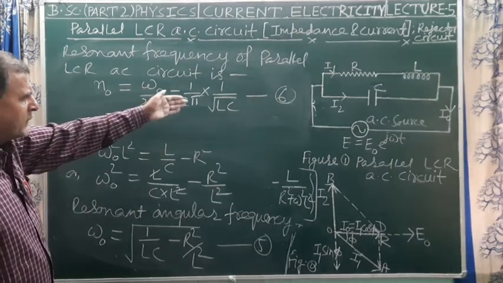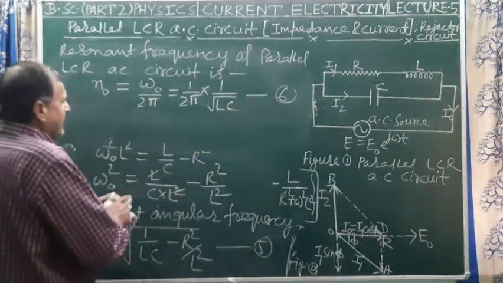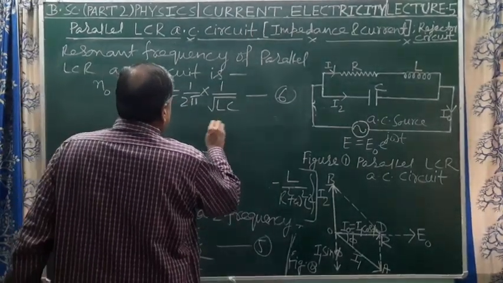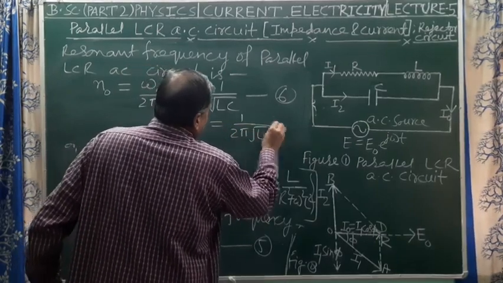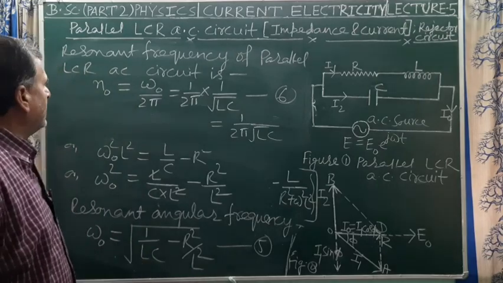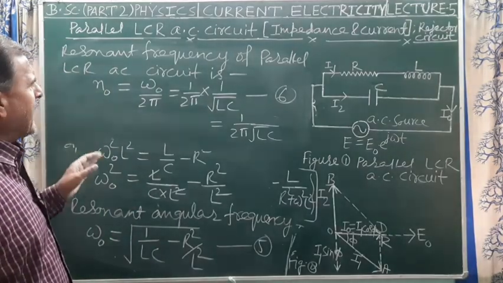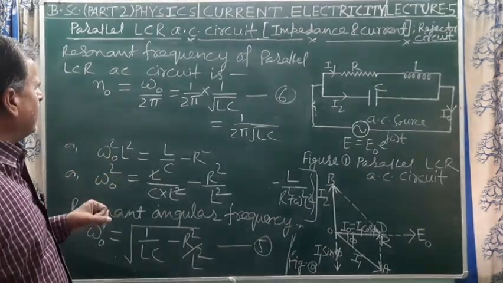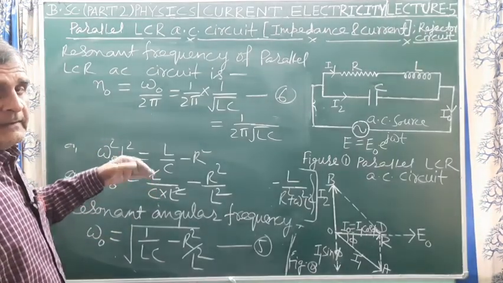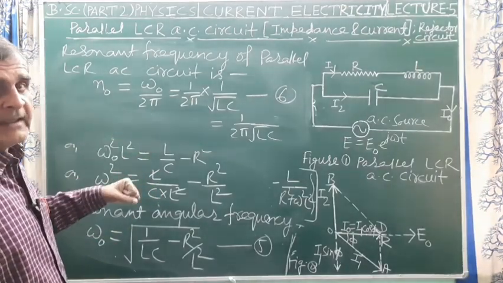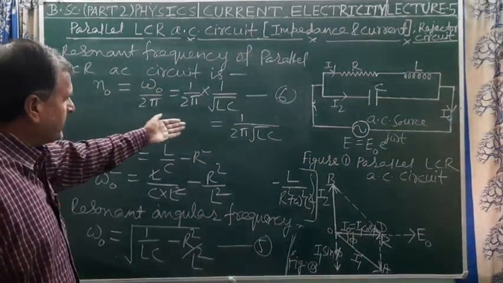And this is the expression for the resonant frequency N0 in the LCR series AC resonant circuit, 1 by 2 pi root under LC. तो यह एक्सप्रेशन पैरेलल LCR AC रेजोनेंट सर्किट का रेजोनेंट फ्रीक्वेंसी का एक्सप्रेशन है, जो कि LCR सीरीज AC रेजोनेंट सर्किट के रेजोनेंट फ्रीक्वेंसी के एक्सप्रेशन के इक्वल है.